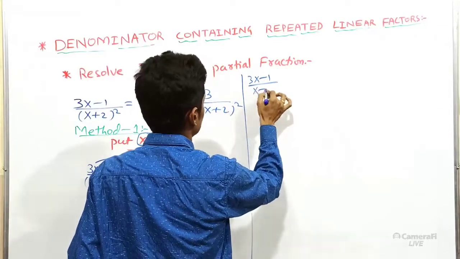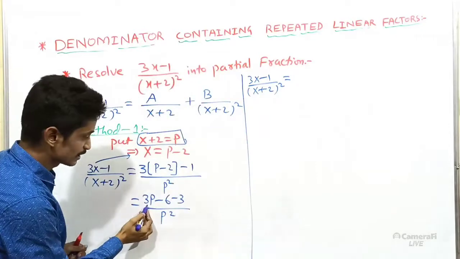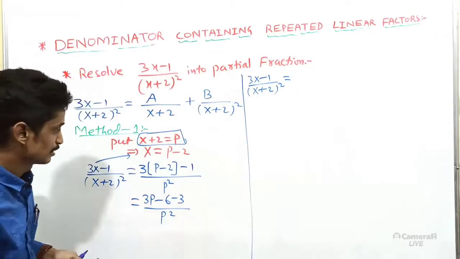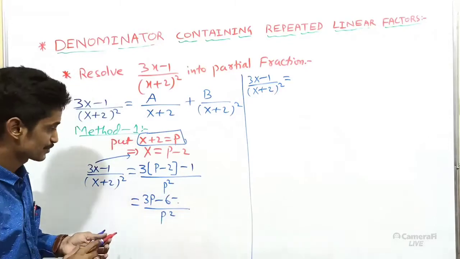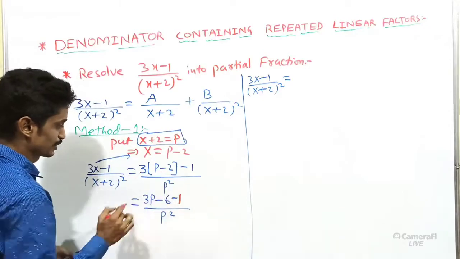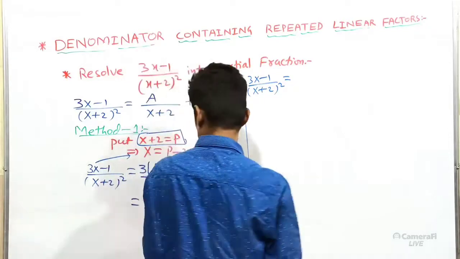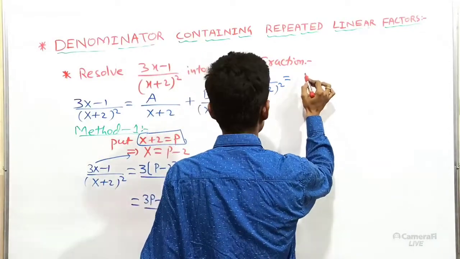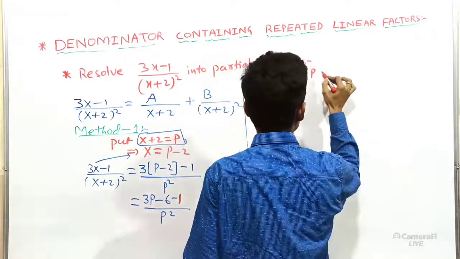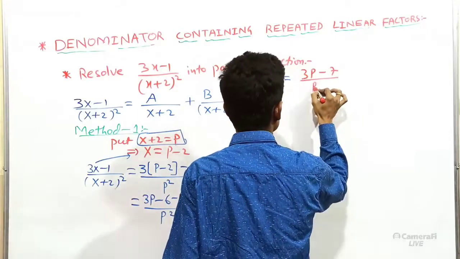So 3p as it is, minus 6 minus 1 will be minus 7, divided by p square.